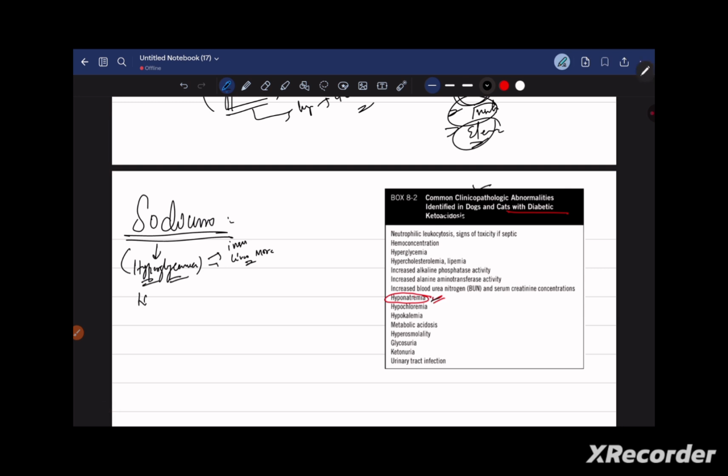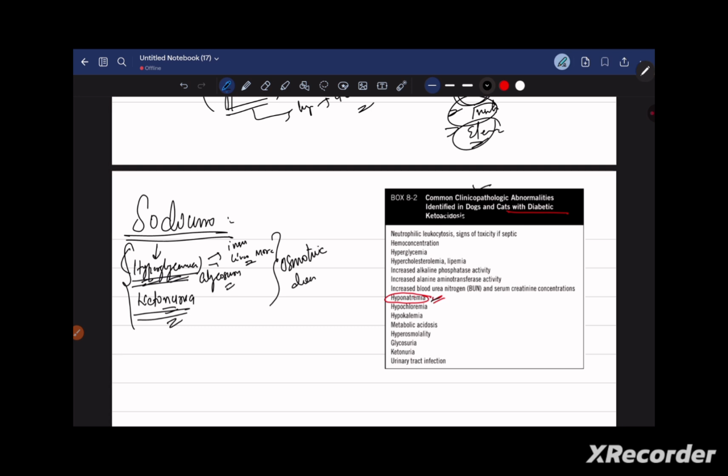Second, there is ketonuria, meaning ketone bodies are present in the urine. Both these conditions, glycosuria, the presence of glucose in the urine, and ketonuria, the presence of ketone bodies in the urine, lead to osmotic diuresis.